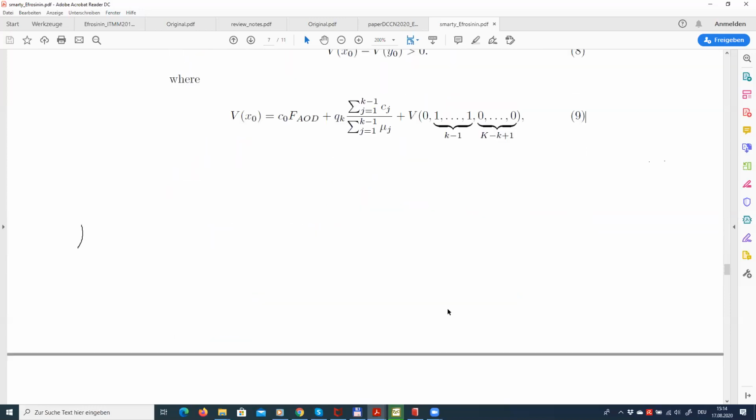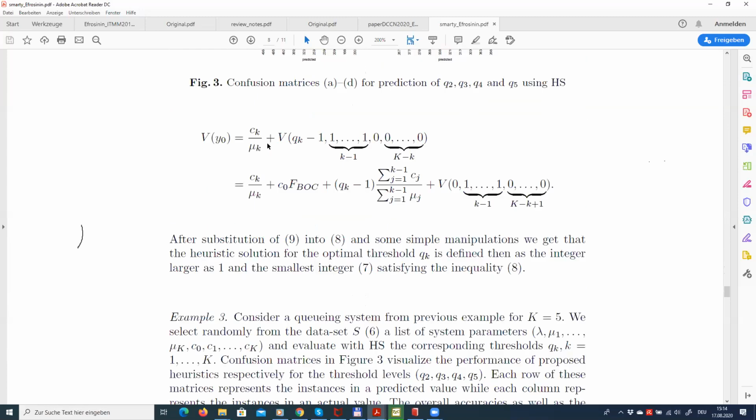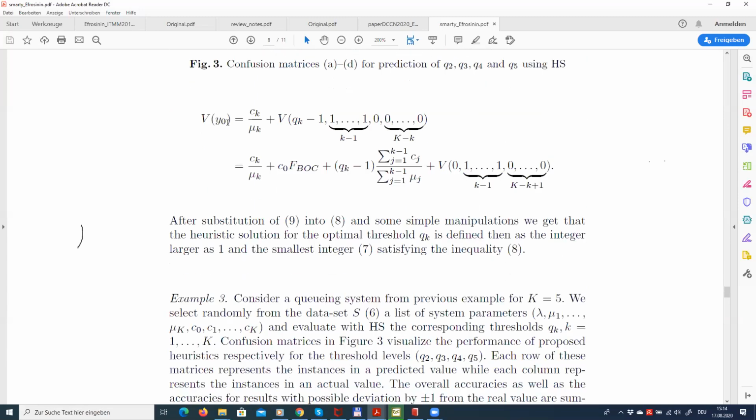And for the state y0, where we use the K-SOA, it is almost the same, with one exception: here we have the term for the K-SOA, the mean usage cost of the K-SOA, and here we have coefficient QK minus 1.